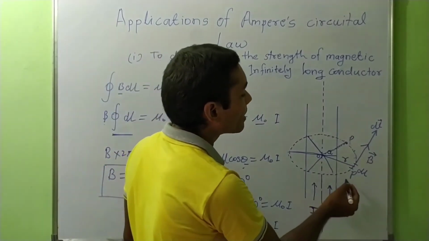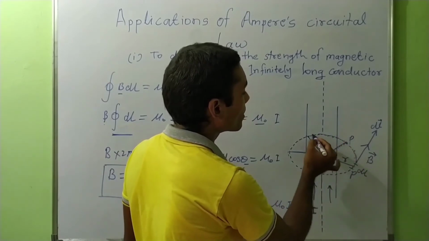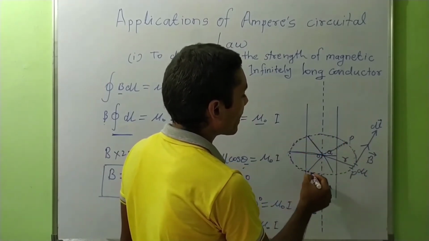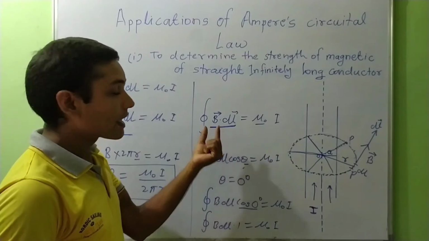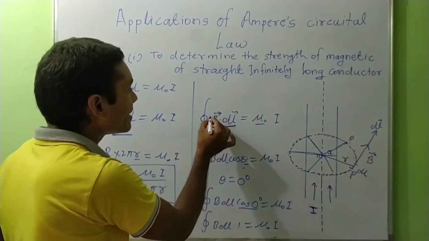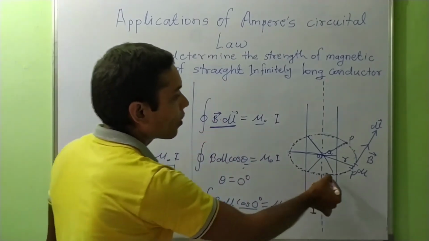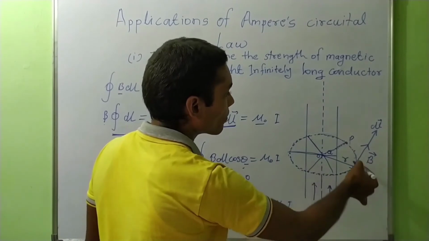Means the magnetic field is being determined along the circular loop. This circular loop is called the Amperian loop. That's why this relation is said to be the line integration of magnetic field along this circular loop.